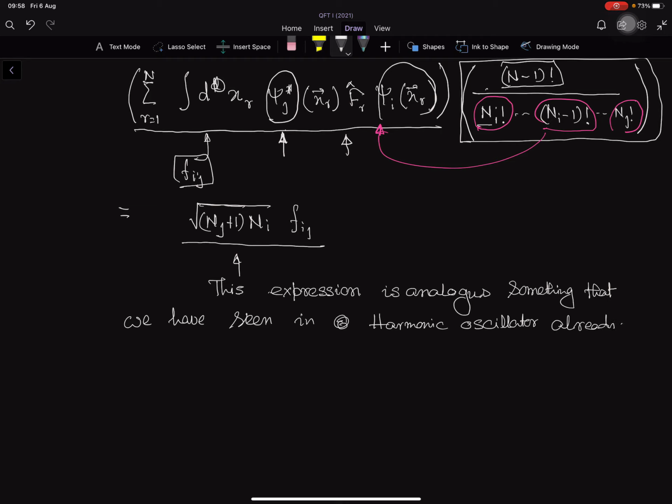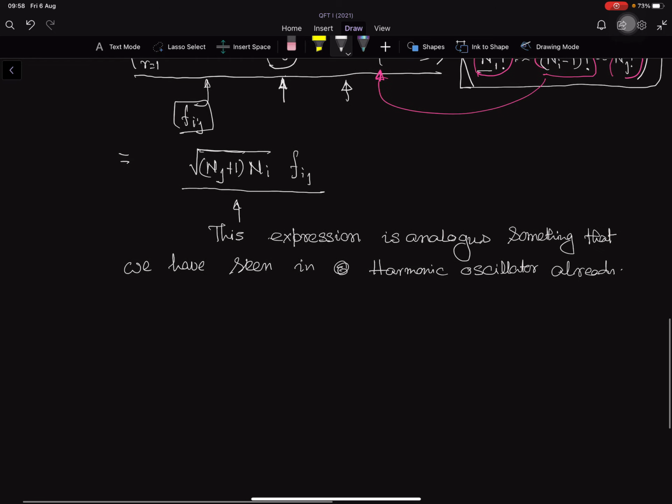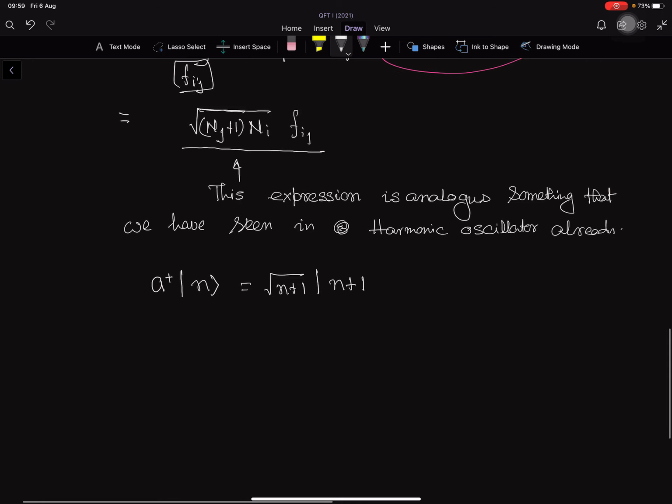That is basically the motivation. You remember that in the harmonic oscillator, the creation operator a dagger acts on state n and gives you square root of n plus 1 times state n plus 1. And if the annihilation operator acts on state n, it gives you square root of n times state n minus 1.